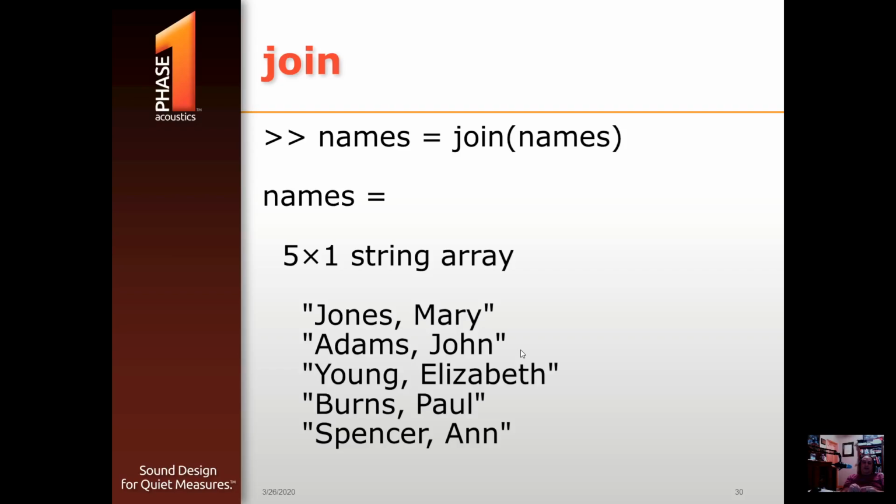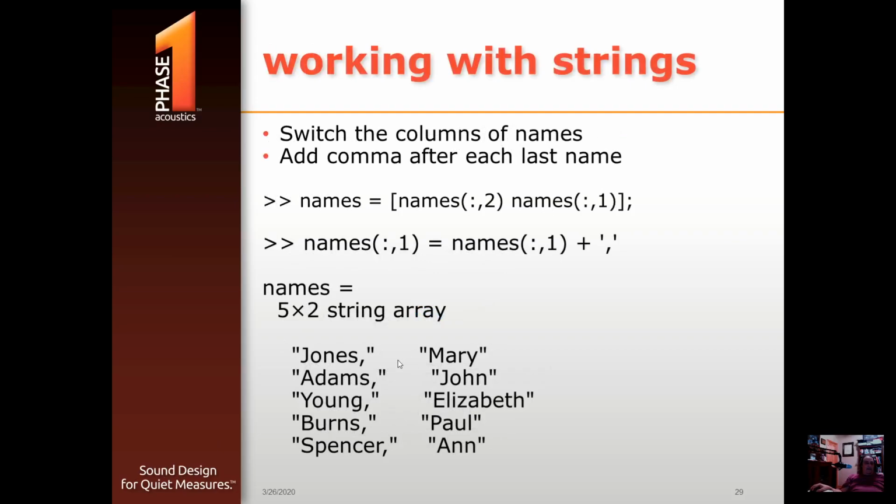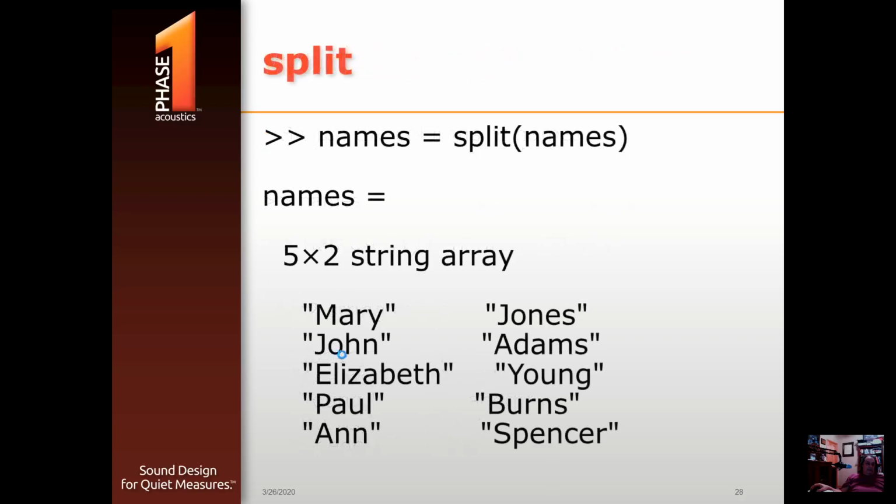Column array, column vector, if you will. So for example, if you try to make just this first column, 5 by 1: Mary, John, Elizabeth, Anne, Paul, with 4, 4, 9, 4, 4 characters.